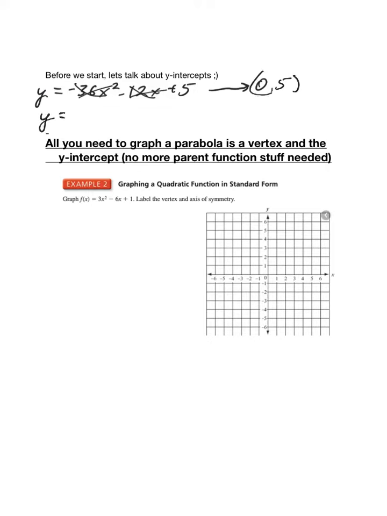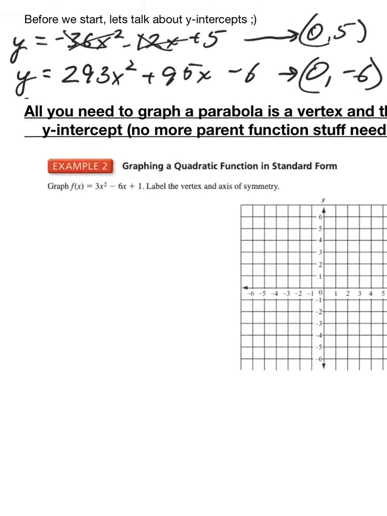Next, y equals 293x squared, doesn't matter, right, plus 95x minus 6. What's going to be the y-intercept here? The y-intercept is going to be 0, negative 6. Plug in 0 for the x values, and we end up with a negative 6. So we'll use that in our next graph. Let me show you. So here's something new for us.